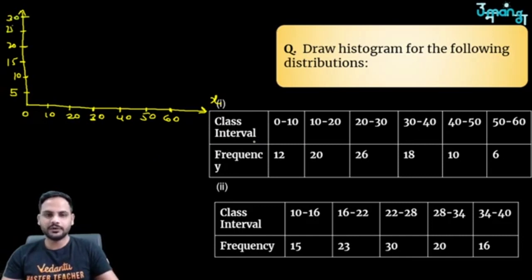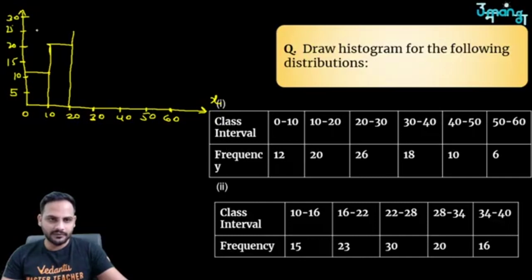Right? Now 0 to 10 is 12, so this will be between 10 and 15. This is 12. Right? 10 to 20, the frequency is 20. So now 10 to 20, match it with the frequency 20 over here. 20 to 30 is 26, so 26 is a bit more than 25.